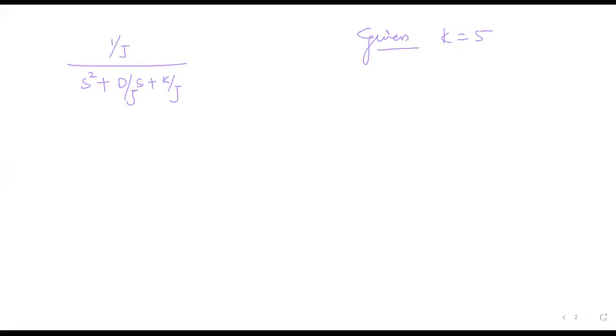You have been given overshoot 20% and settling time of 2 seconds. You have to find the value of J and D.